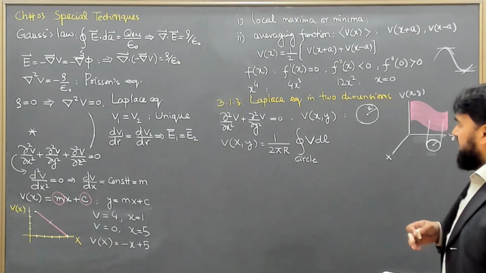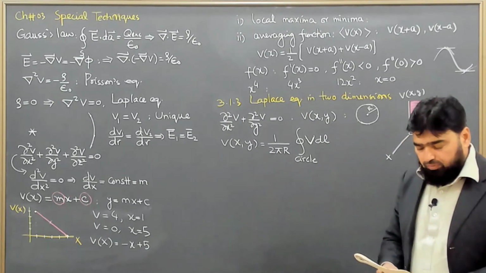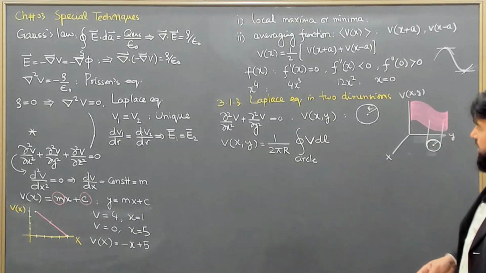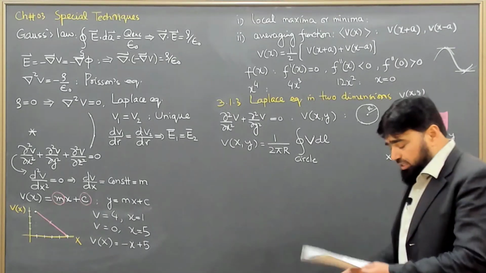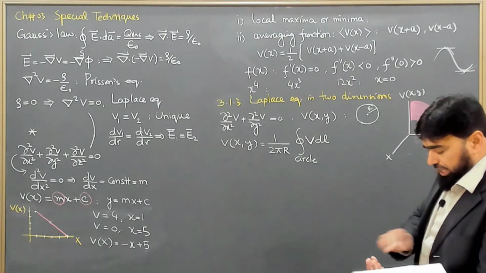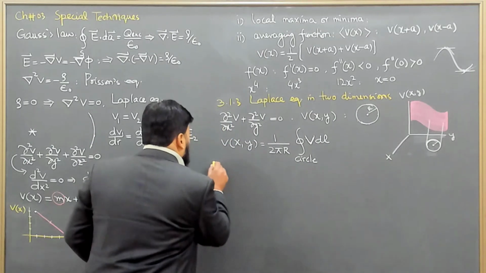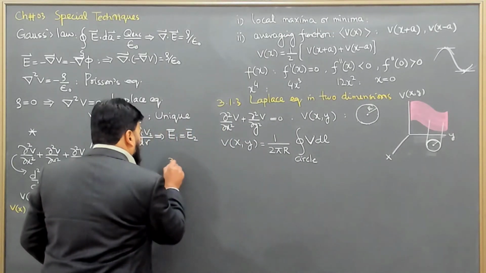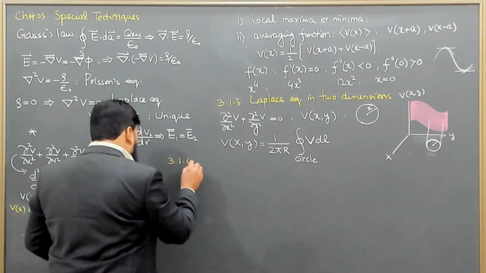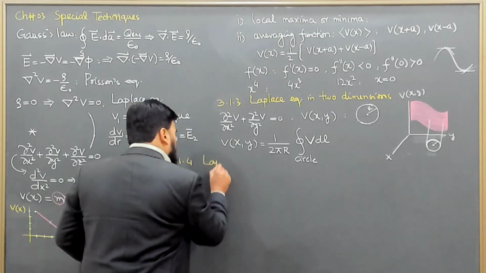So on the volume it is hard to imagine, so we will consider its solution and discuss it in section 3.14, and this is the Laplace equation in 3 dimensions.